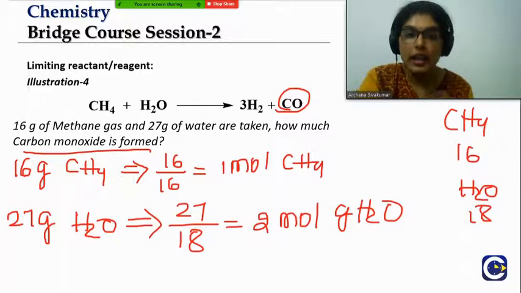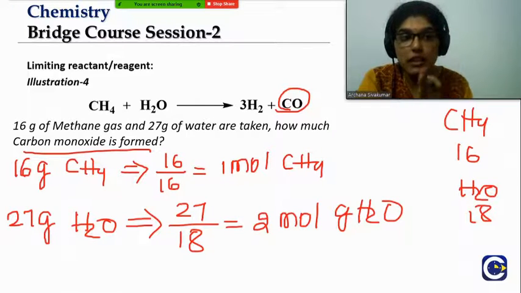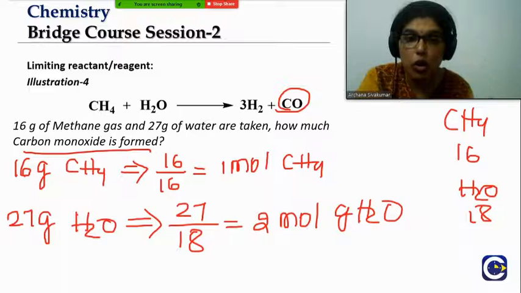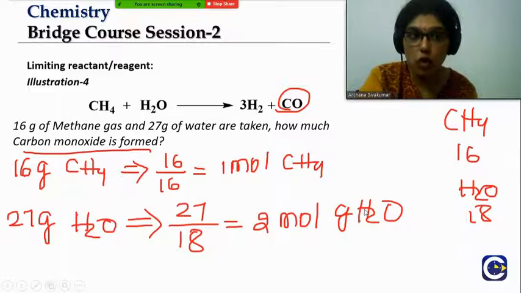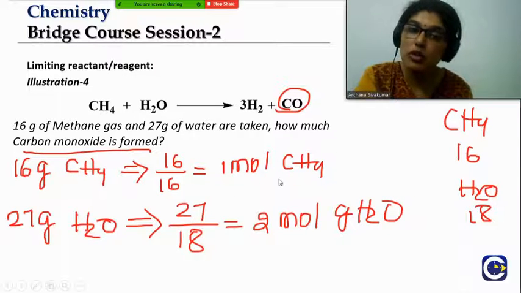In this, 1 mole of methane reacts with 1 mole of water to give 1 mole of carbon monoxide according to the standard. But if you see the reactants here, I am taking 1 mole of methane and 2 moles of water. So which is present in excess? Which will be used up first?